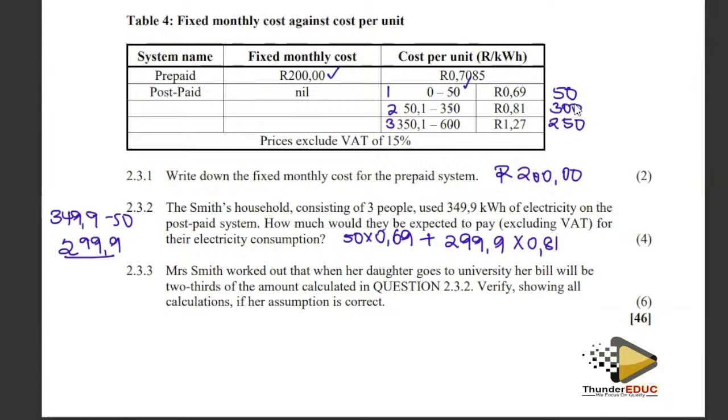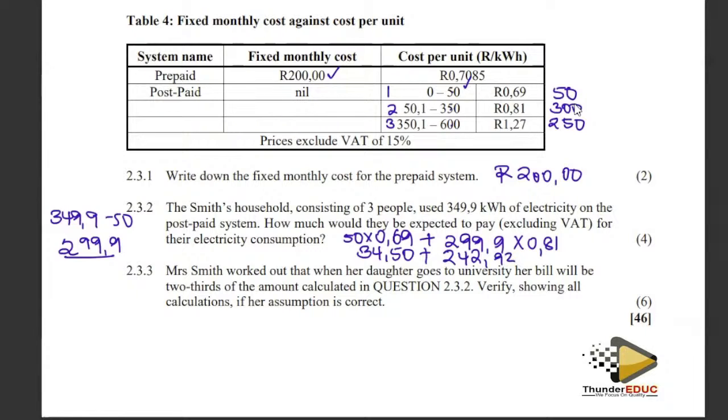So we put this in the calculator and we see what happens. 50 times 0.69, we have that as 34 rands 50 cents, plus 299.9 units times 0.81, whereby we get 242 rands 92 cents.